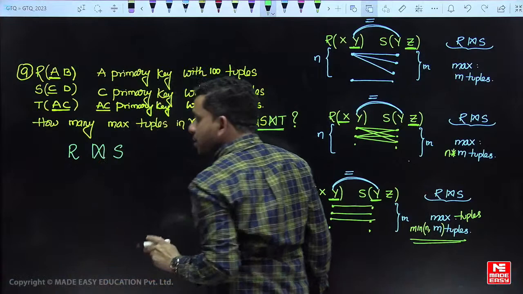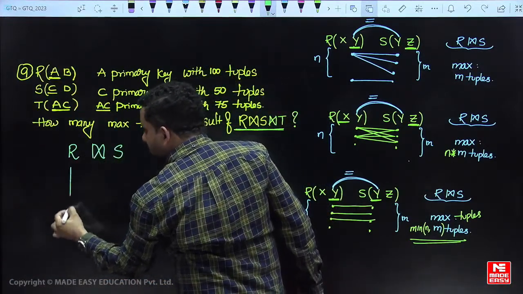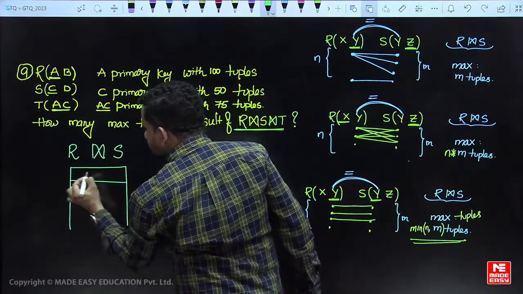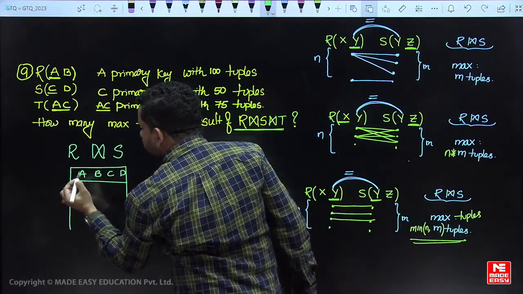No common attribute means the result is a cross product. The resulting attributes are ABCD. It's simply a cross product.